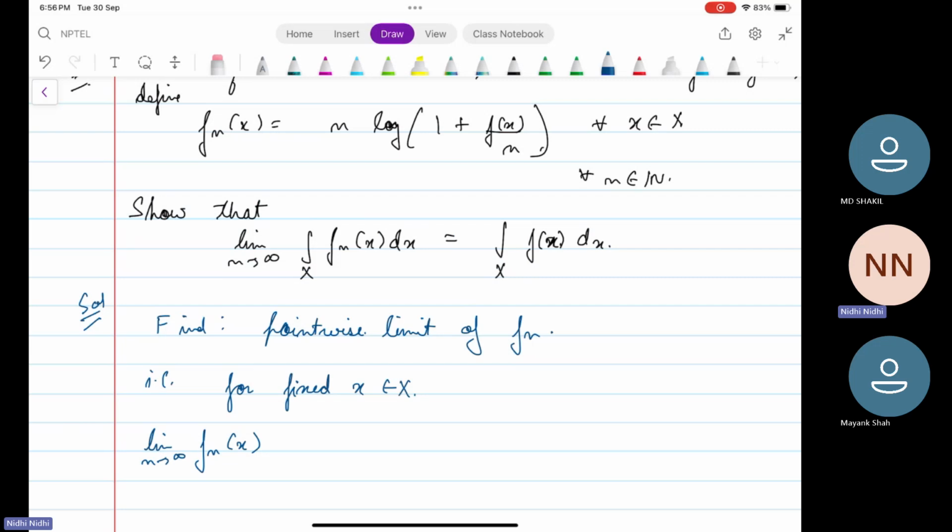So this is, by definition, the limit as n tends to infinity of n times log(1 + f(x)/n).